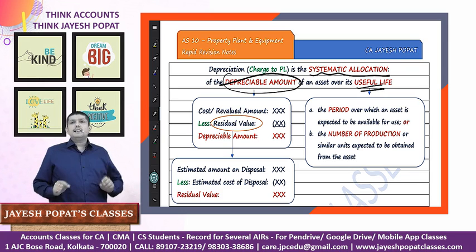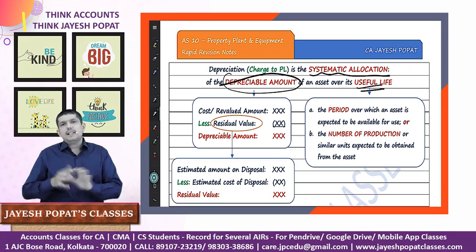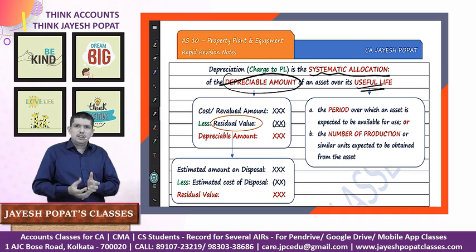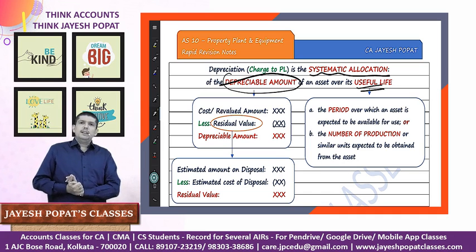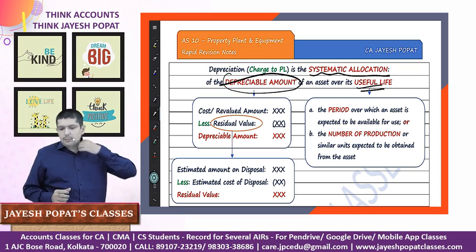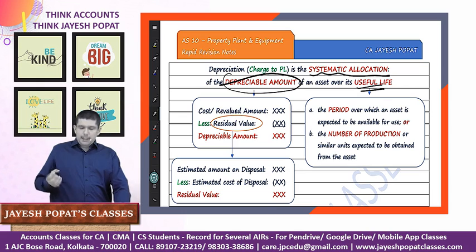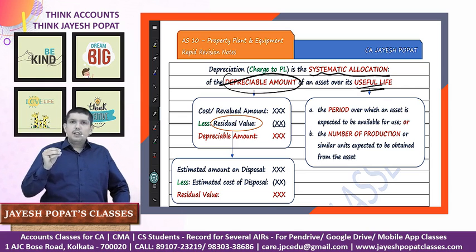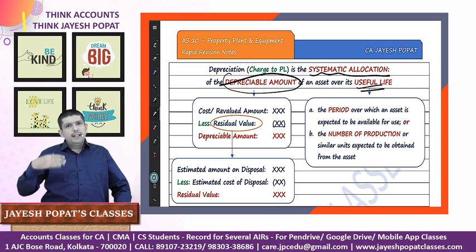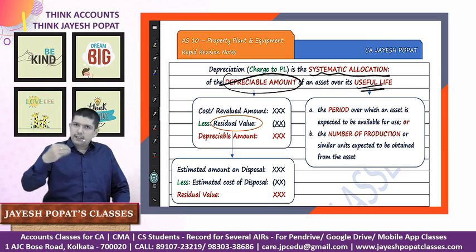So why do we call it the depreciable amount? I'll give you an example. Let's say I buy a phone for 1 lakh rupees and I will use it for 5 years. I said that I will depreciate 20,000 each year. I'll modify this example a little bit. I believe that I will use it for 5 years, and after 5 years I will sell it off, let's say for 10,000.